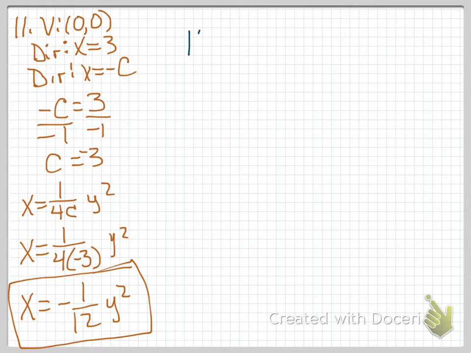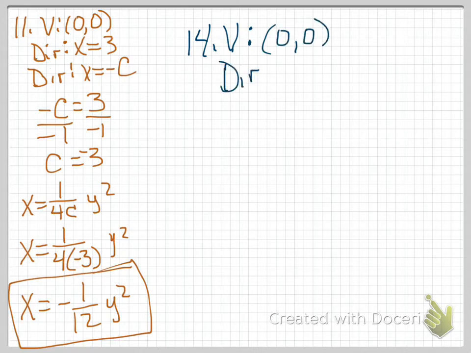So, number 14, I have a vertex at 0, 0. I have a directrix at y equals -3.